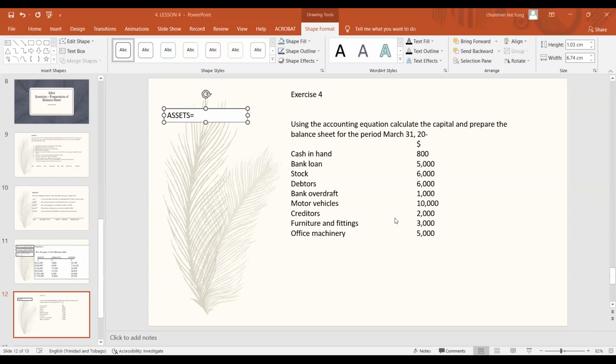Okay, so for those of you who didn't get it, let me show you how Rodney got his 22,800. So all of your assets there, I'm just putting in the figures because it's going to take too long to write up all of these accounts.